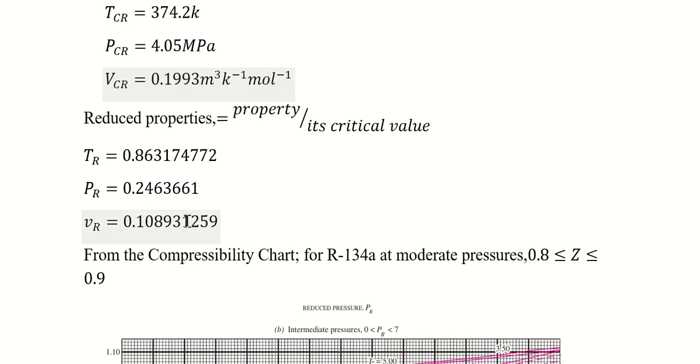Now we're going to get the value of the reduced pressure, and we have our pressure as 1 megapascal. So 1 megapascal divided by 4.05 megapascals, we get 0.2469138.